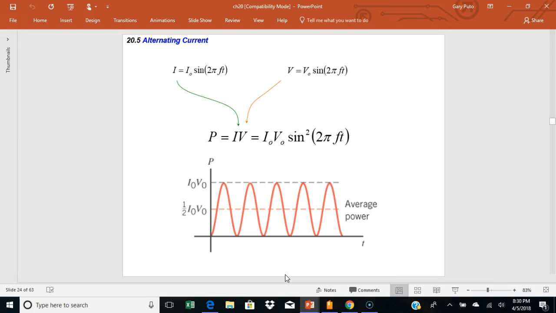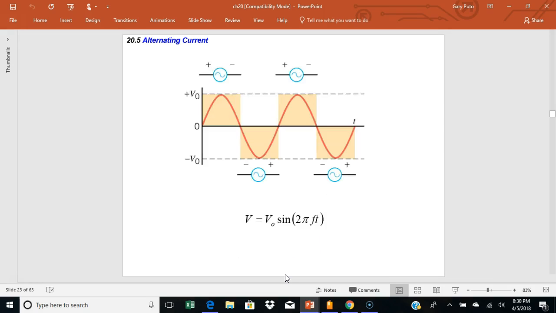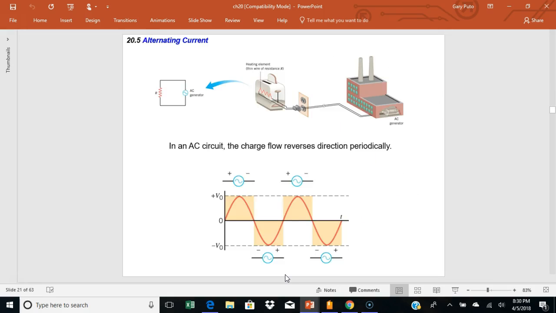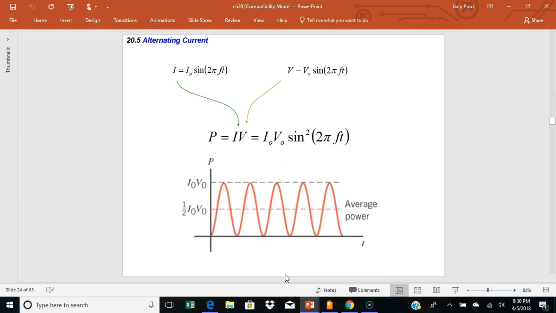You can get power. Power is equal to current times the voltage, right? Back over here, power is equal to current times the voltage. So we substitute for current, substitute for voltage, and we get our equation for power in alternating current.